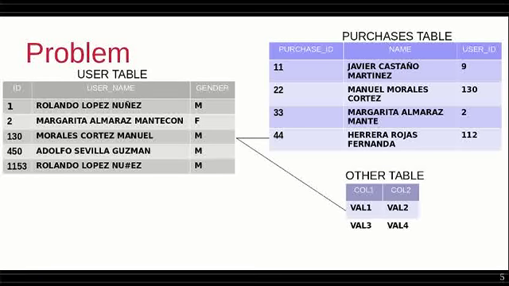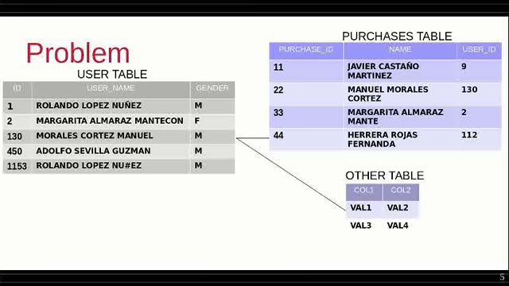In the tables, several inconsistencies in the names can be seen, such as Margarita and Maras Mantecon. That is, in the purchases table it is not his full last name. Another case is the second one, with ID 130.